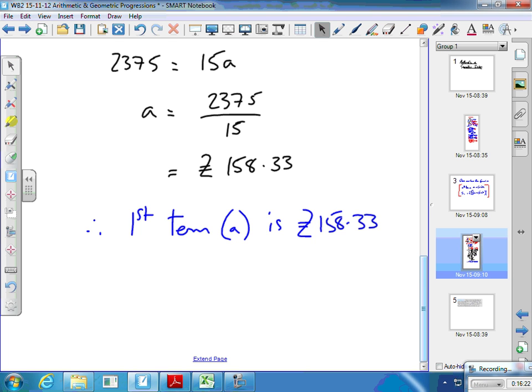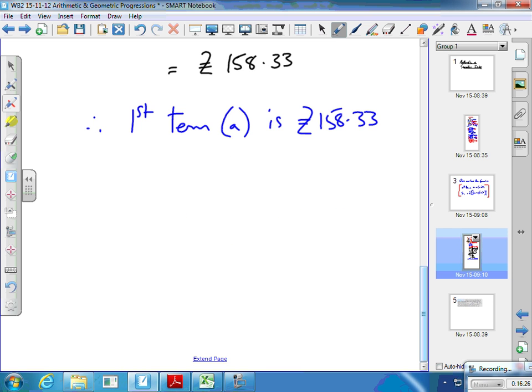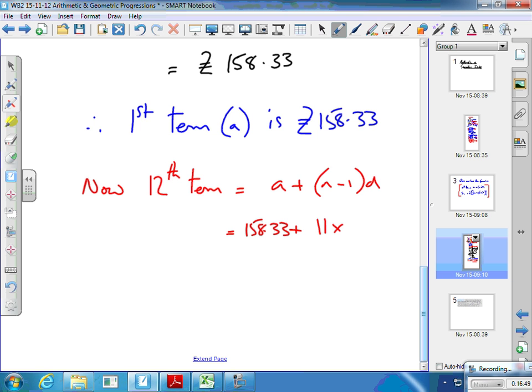Well, to get the nth term, remember the nth term now, so therefore now we want the last term, don't we? So the 15th term equals, using the formula, a plus n minus 1 d, isn't it? So it's a, which we now know is £158.33, plus 14 times whatever the difference is.